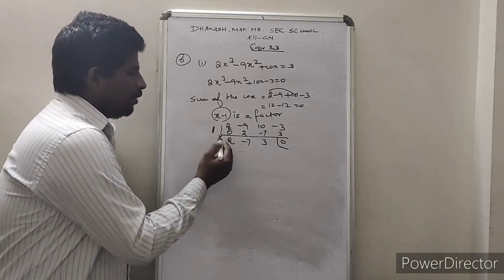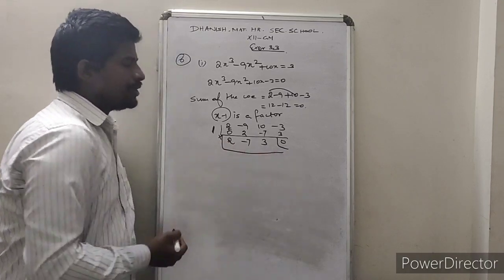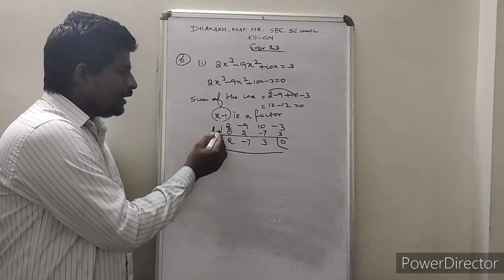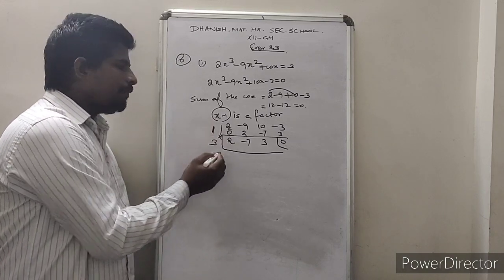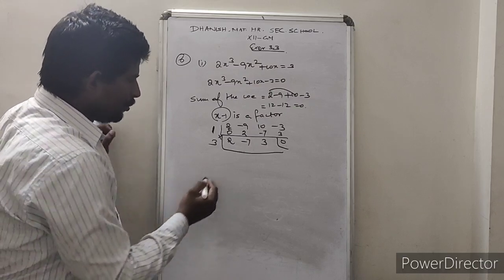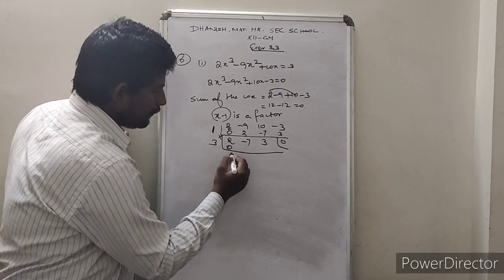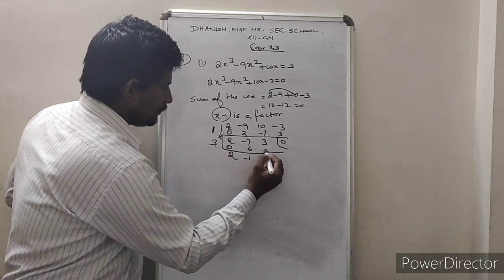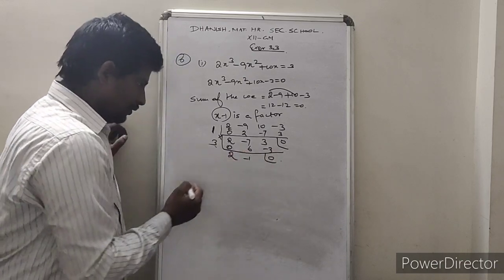Now, once again I am going to do the synthetic division. Now I am going to put 3 over here. You can find these values by a trial and error method. So now I am going to put 0, 2, 6, minus 1, minus 3. We got 0.